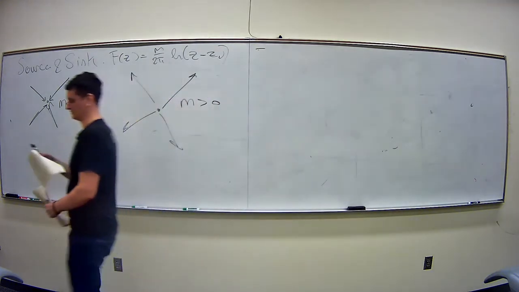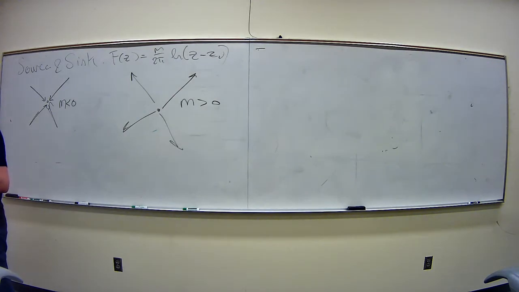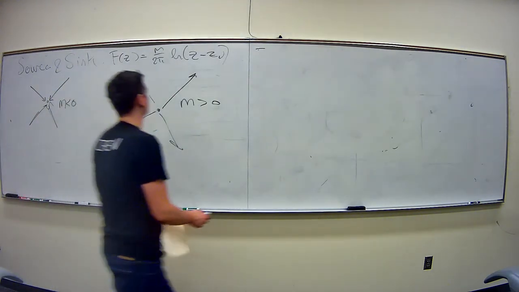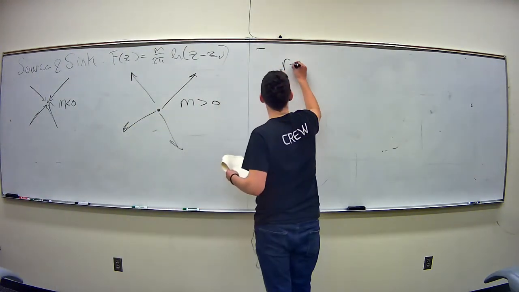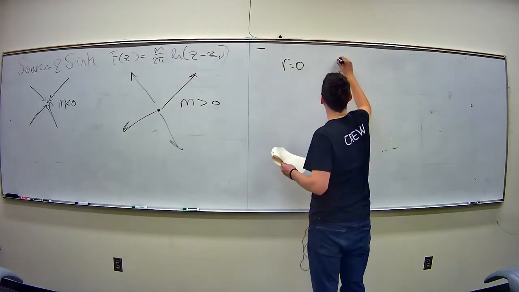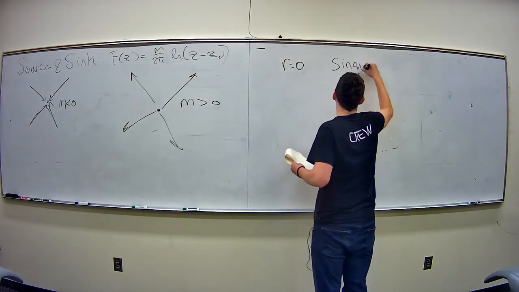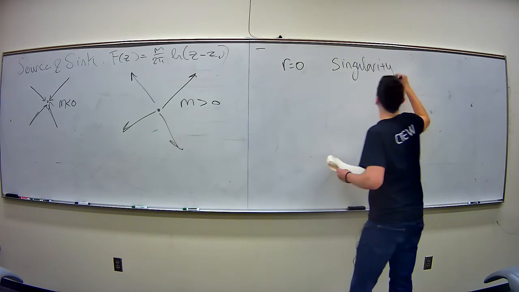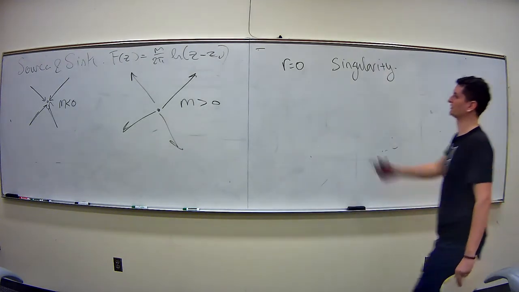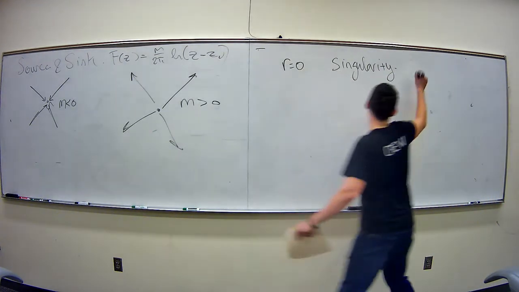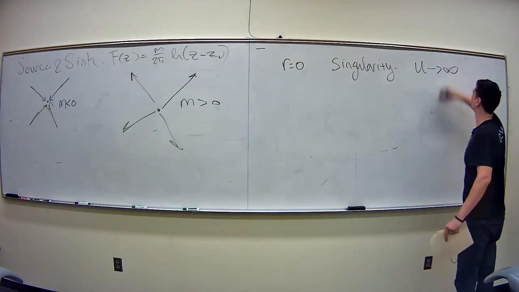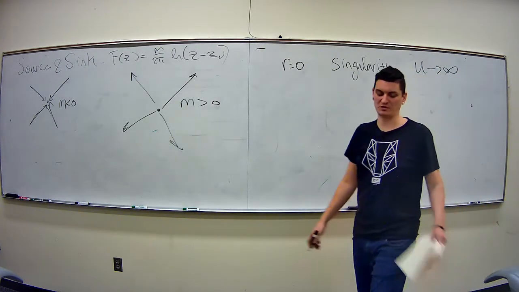So in this one, the situation being that when r equals 0 for the source or sink, I have an infinite velocity. Even the vector, let's say, would blow up to infinity.